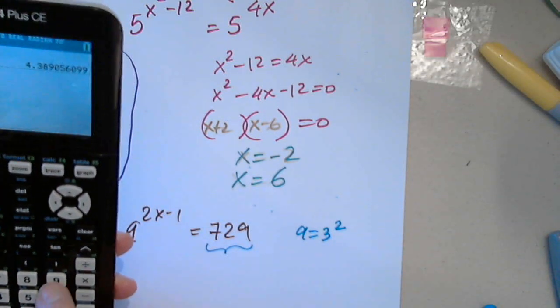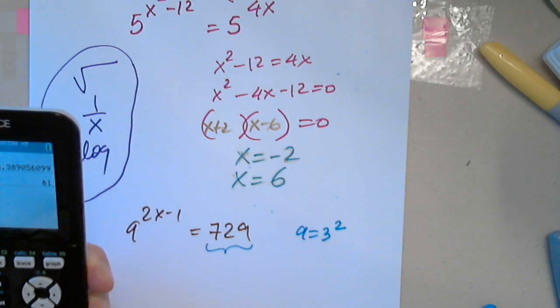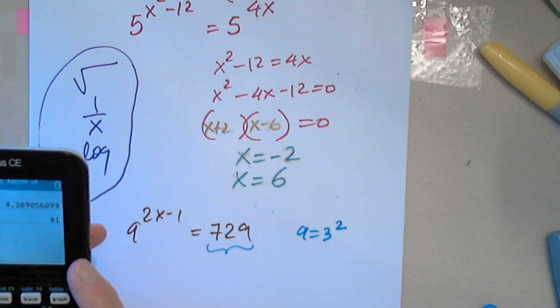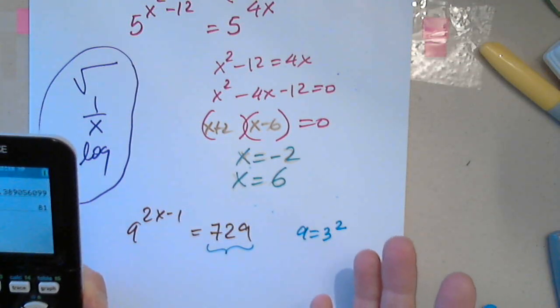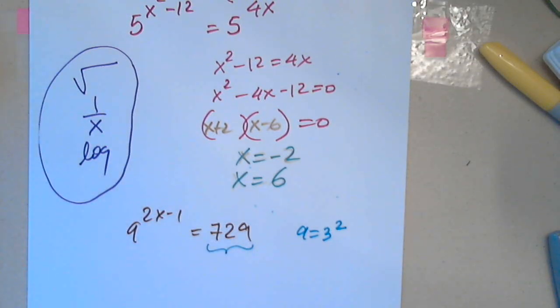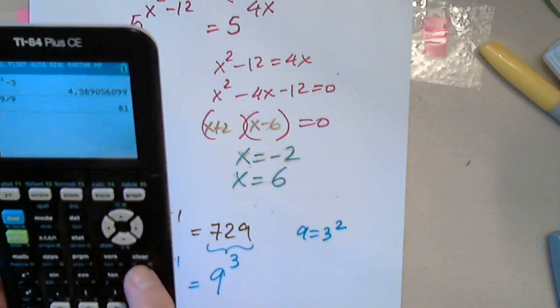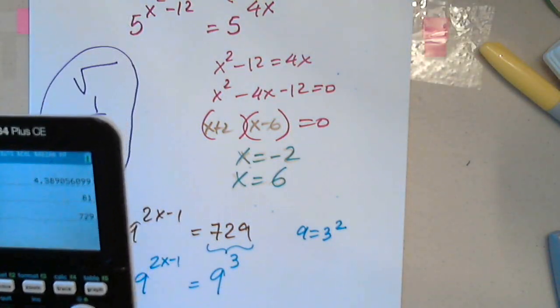So I'll take 729 and I'll divide by 9. And I get 81. If I divide by 9 again, I get another 9. So this is 9 to the third. So let's take 9 again to make sure. Caret 3, and we get 729.